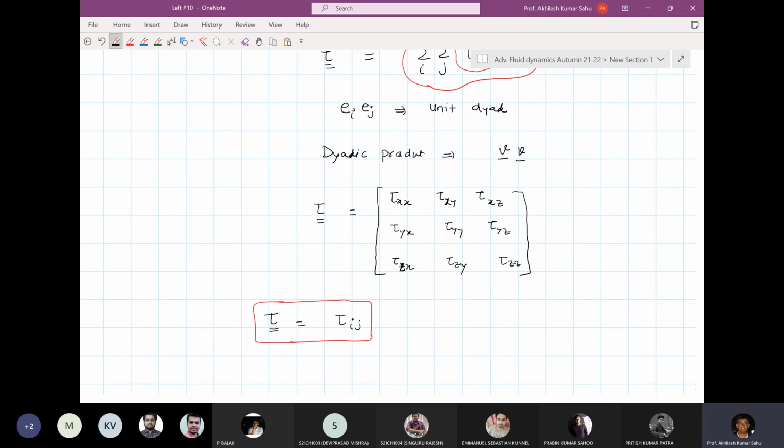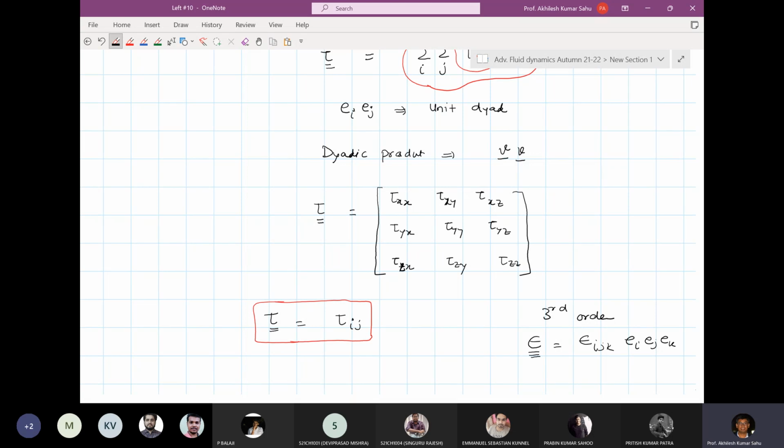Third order tensor: summation of epsilon ijk ei ej ek. It's a unit triad. Okay, but normally in fluid dynamics we see only either first order tensor, which is a vector, or second order tensor, or zeroth order tensor, which is a scalar.